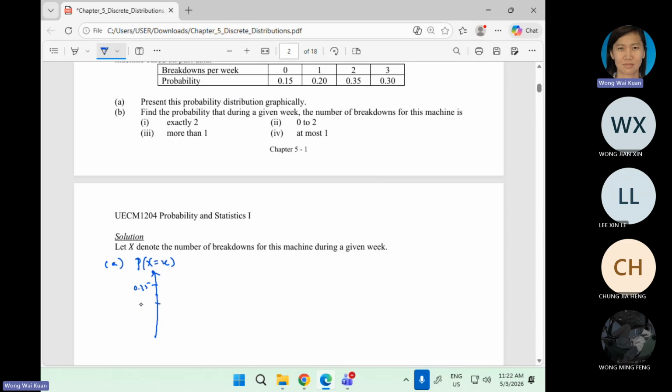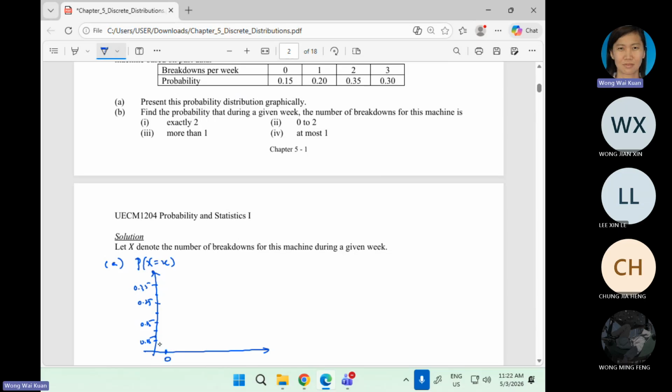0.3, 0.25, 0.2, 0.15, 0.1, 0.05, and 0. When this is 0, I don't need to have my 0 on the axis, otherwise I can't see the graph.